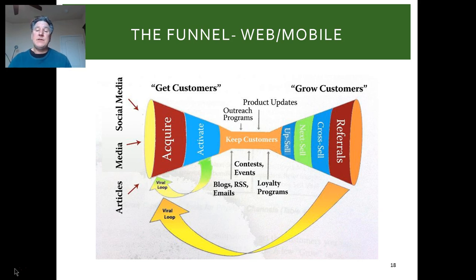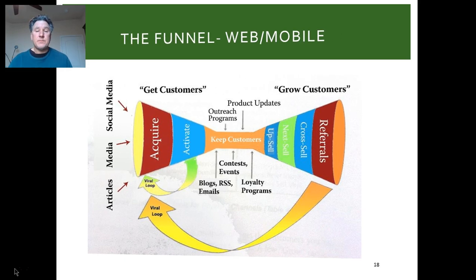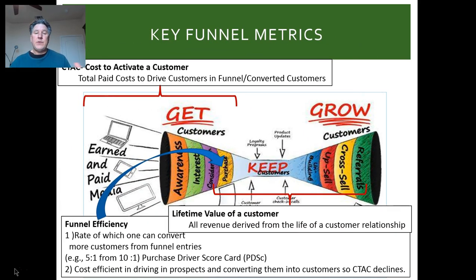And then, as you see on the right side, growing the customers, the same type of activities to make that customer extract as much value out of that customer in terms of that service, product, and purchase relationship. And how you put it all together is some key metrics.